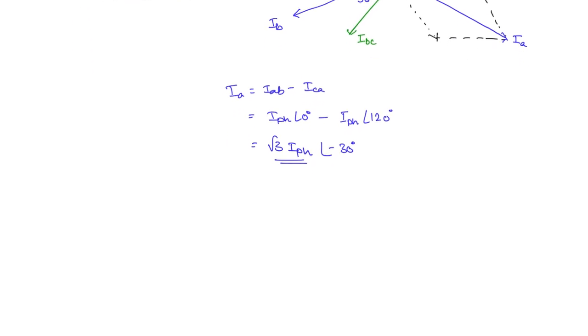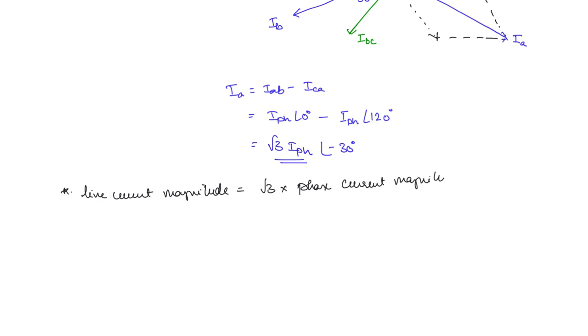So in a delta configuration, you can note down the main points. The line current magnitude is equal to root 3 times the phase current magnitude. So line current, if you represent as IL, is equal to root 3 times I phase.